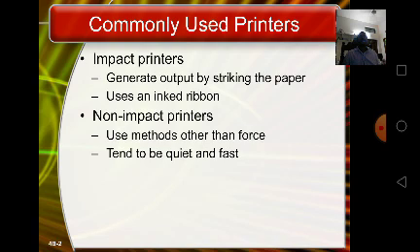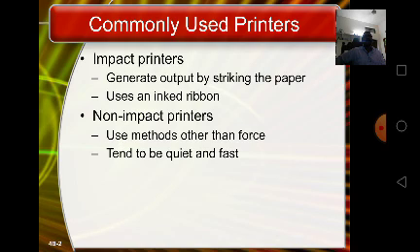Once again, to repeat: an impact printer creates an image by using pins or hammers to press an inked ribbon against the paper. A simple example of an impact printer is a typewriter, which uses small hammers to strike the ribbon.